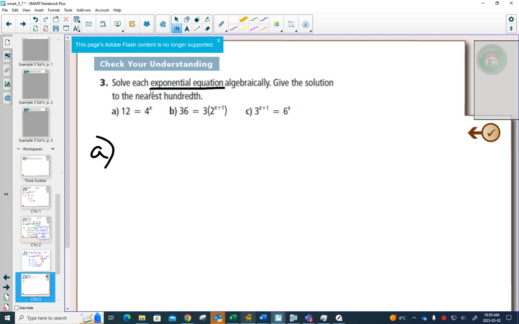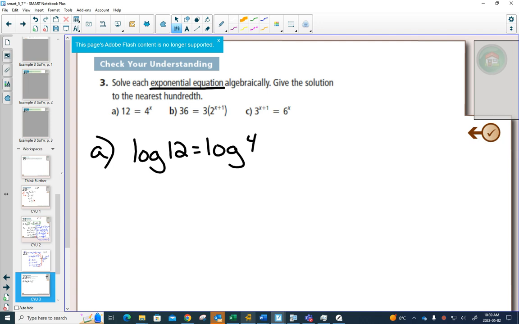And what you're going to do when solving with logarithms is, if you can, you're going to simplify. Nothing we can simplify in the first one. And then once you feel like you've simplified as far as you can go, you are going to take the log of both sides. And it doesn't matter which log you choose.